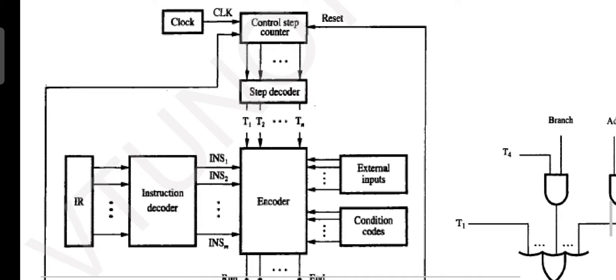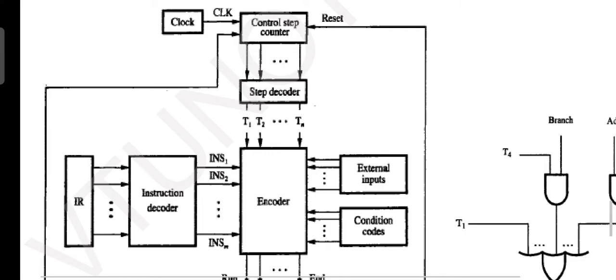Then we have a control step counter. This control step counter will generate the step ID or step decoder. In each step there are certain control signals that will come one after the other at T1, T2, T3 and so on. That is decided by the step decoder.